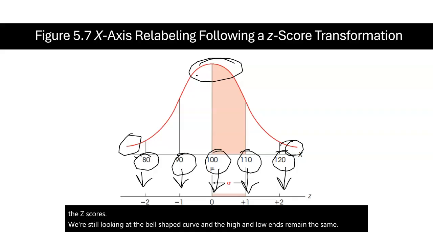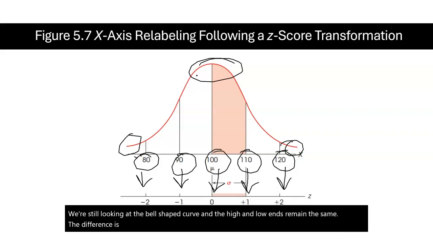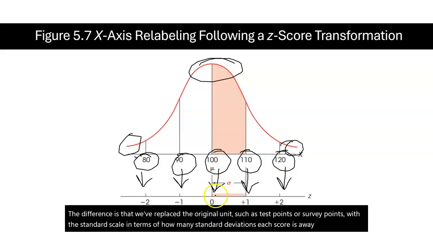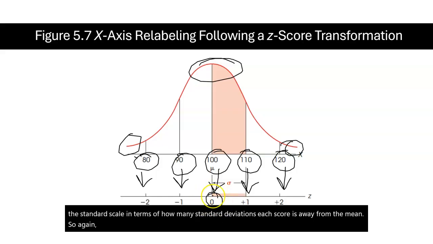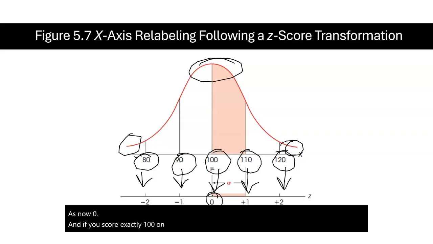The difference is that we've replaced the original units, such as test points or survey points, with a standard scale in terms of how many standard deviations each score is away from the mean. So again, that mean is now 0. And if you score exactly 100 on the original scale, your z-score will be 0.